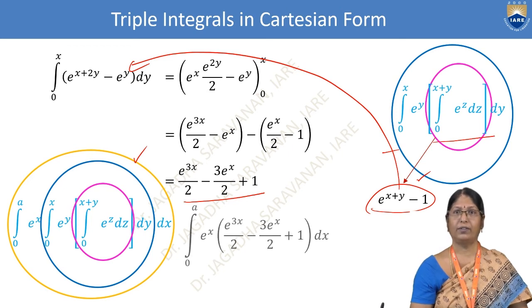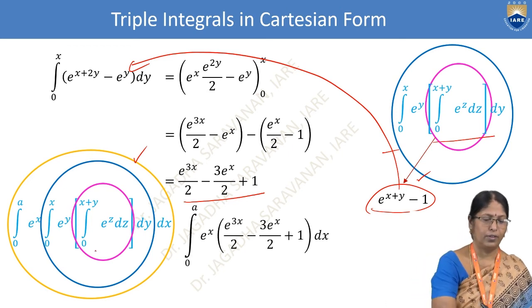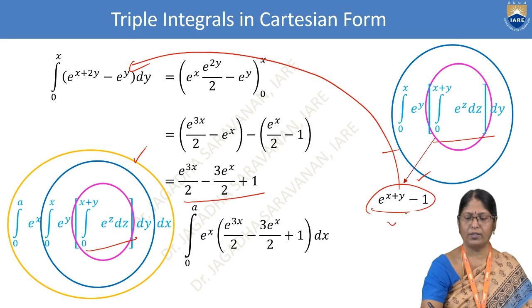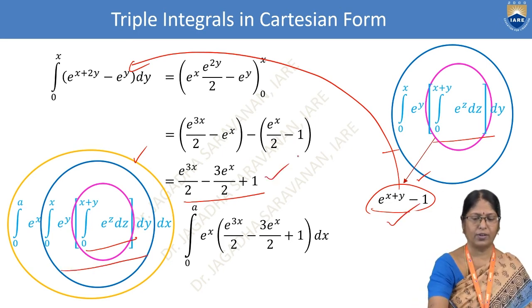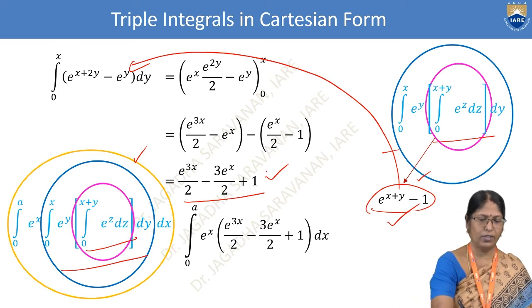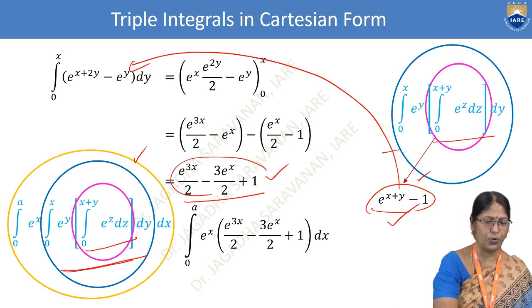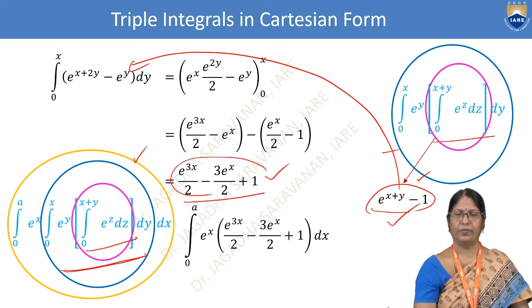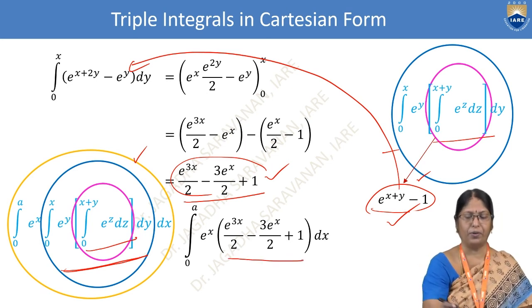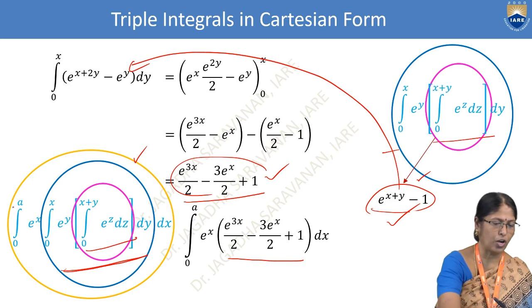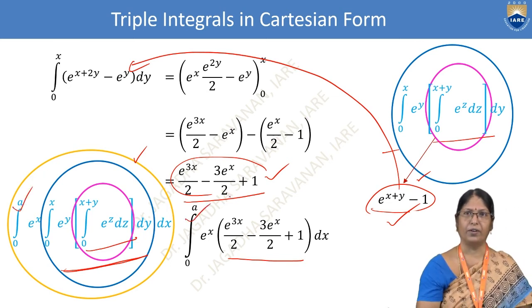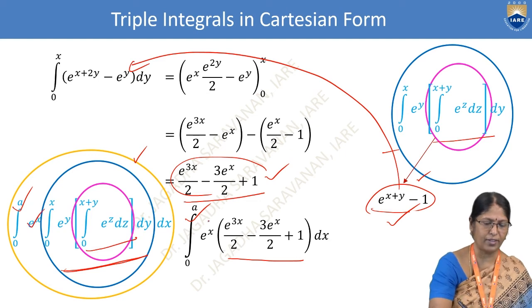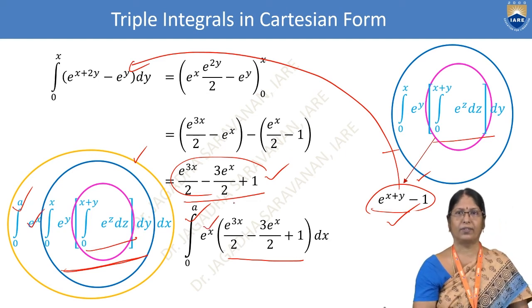For that, this is the result, up to here. So this result we are substituting here. The middle integration we substituted here. So the outermost from 0 to a we have written here. This e^x is written, e^x.